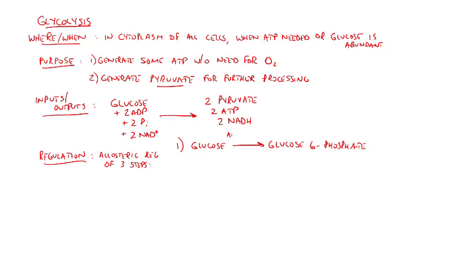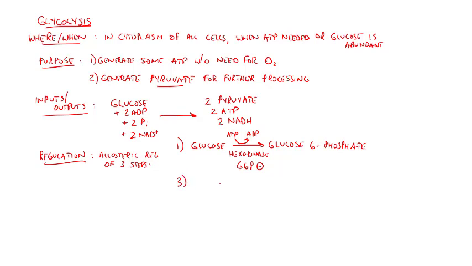And that requires ATP, so ATP gets converted into ADP. The enzyme is called hexokinase. And we said that glucose 6-phosphate, the product of this step, inhibits this step. So as soon as the product builds up, the reaction goes slower.